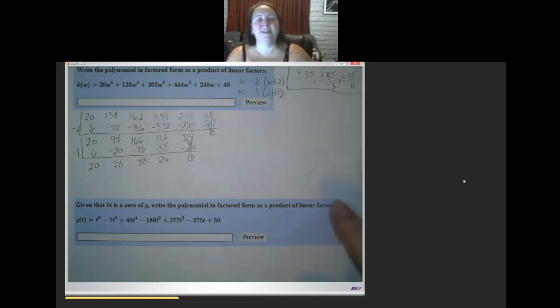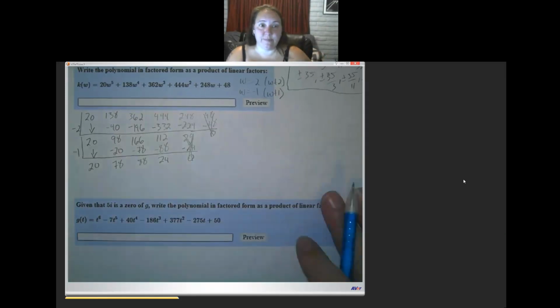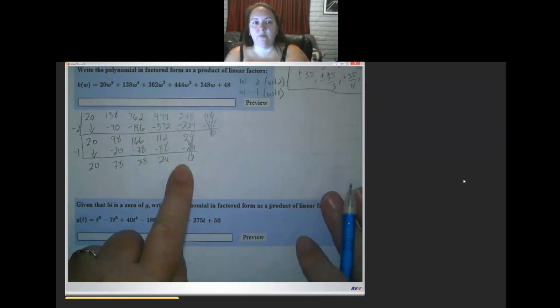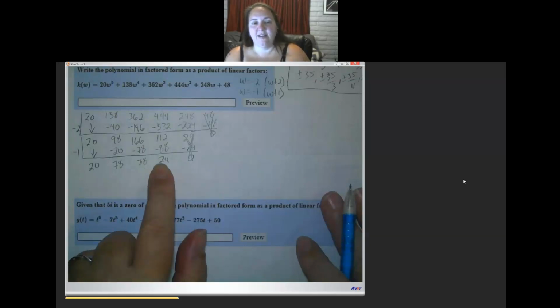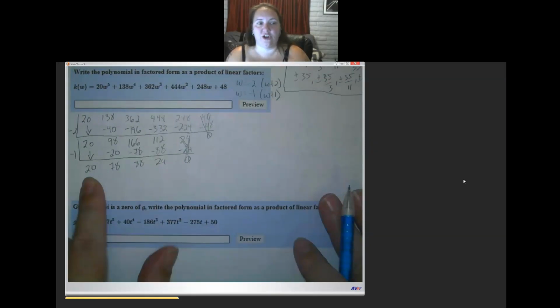Okay, now is when you need the rational root theorem. So here we have a cubic term, right? If we started from the back, you would have a constant, and then a t, and then a t squared, and then a t to the third.